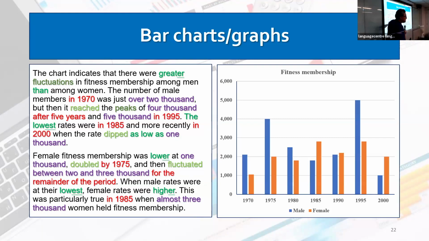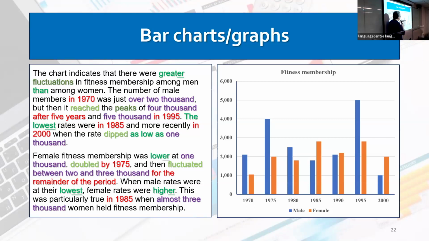Sorry? Year. Yes, year. Time period. Very good. Time period. Yes. Why do we have to include these time markers, or words that tell the reader the time period? If you look at the bar chart here, there are different years you have to report, right? Maybe in 1970, this is the trend, but in the year 2000, that's another story.